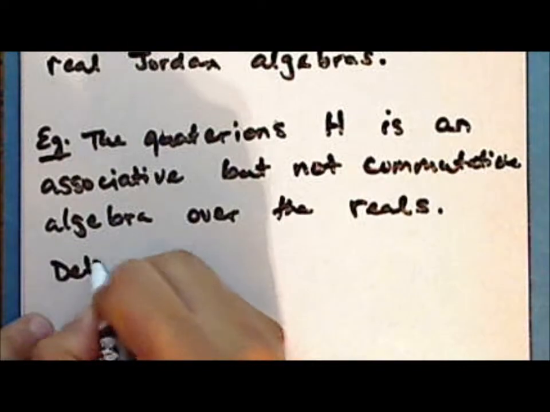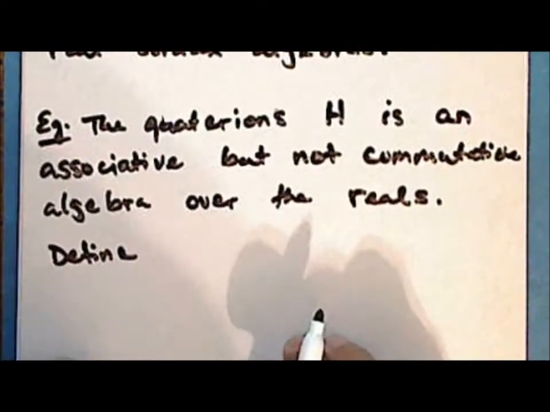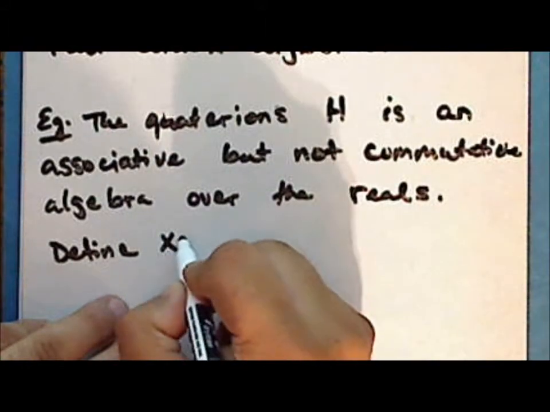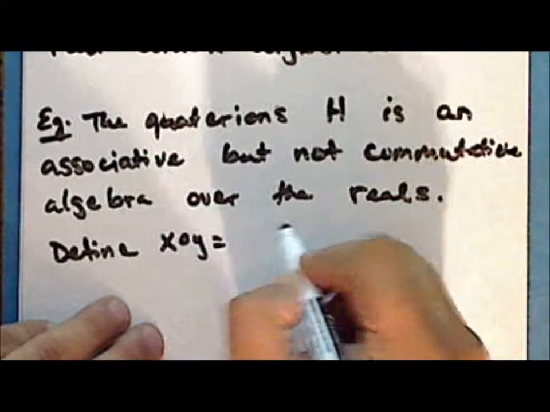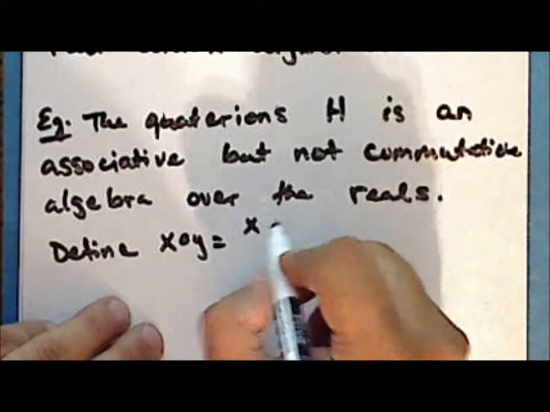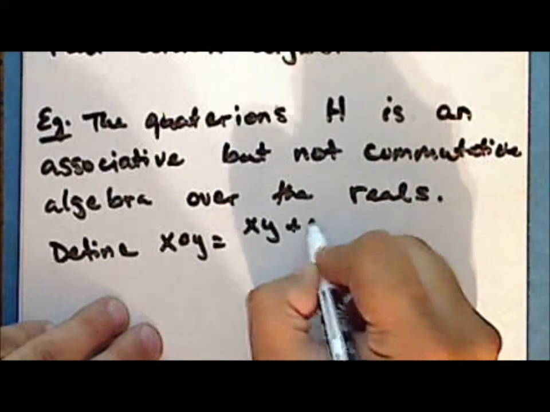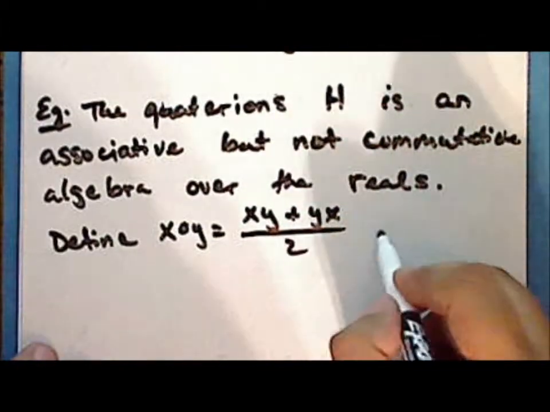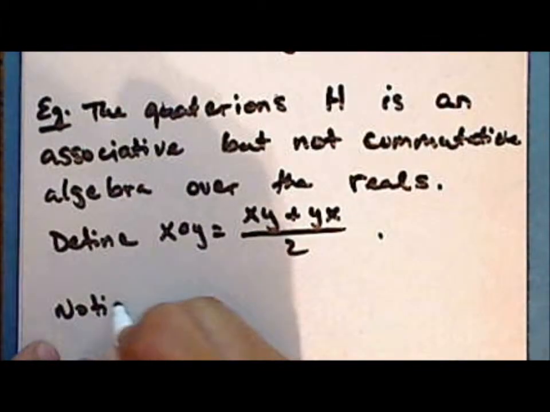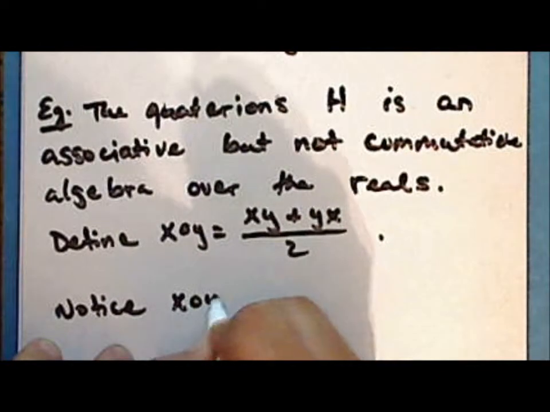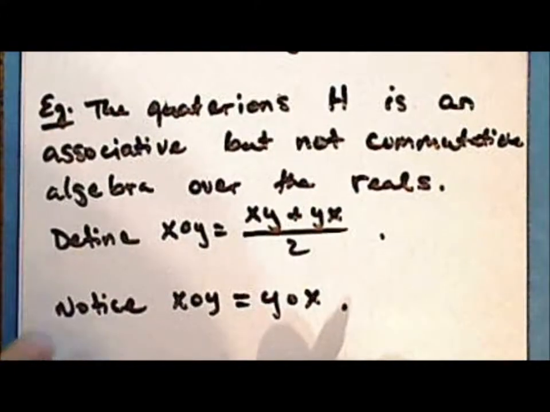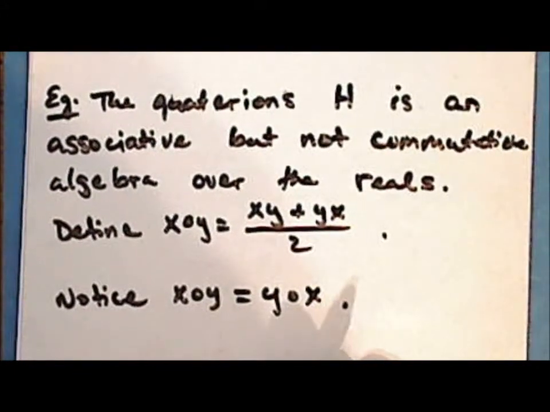So define a new operation, a type of multiplication, x circle y, to be the sum of the products x times y plus y times x, over 2. Notice that x circle y is the same as y circle x. That is, this is a commutative type of multiplication.